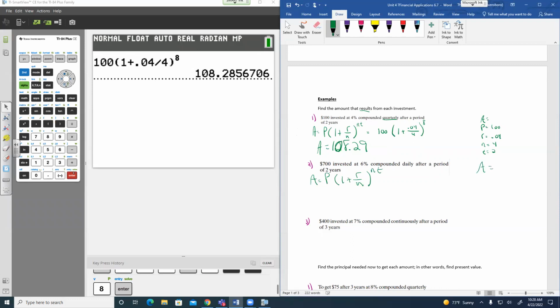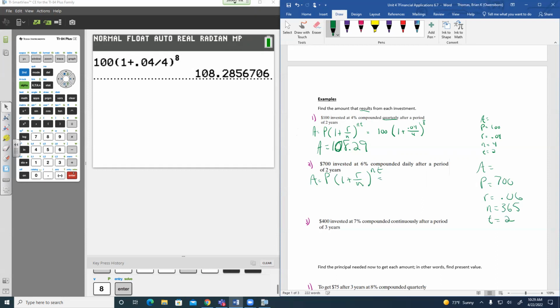A, we don't know. P is our initial investment, or present value, which is 700. The r is the annual interest rate, so that's 0.06. It's compounded daily, so I believe the book is using 365 there. I don't think they're using banker's rule. And the length of time is 2 years.